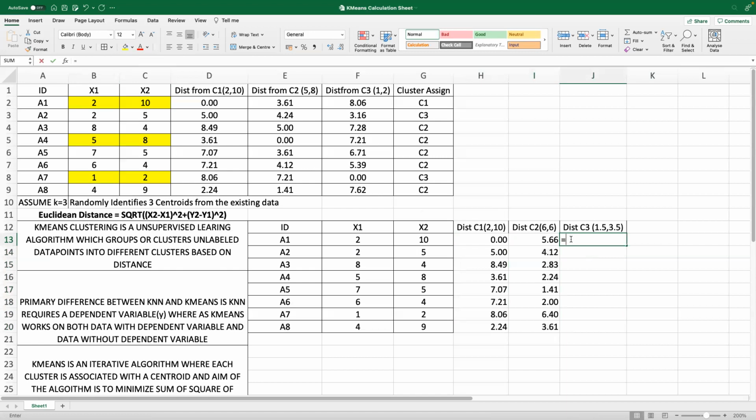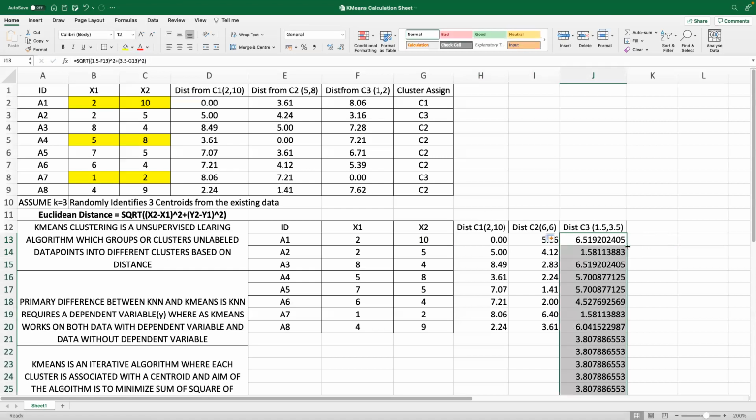And for this, equal to SQRT, open two brackets, 1.5 minus 2 to the power of 2 plus open bracket 3.5 minus 10 to the power of 2. The new centroids.